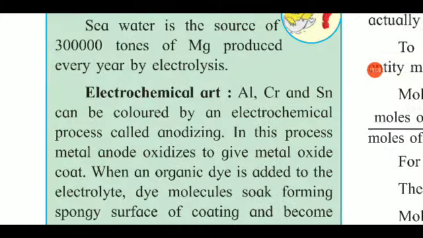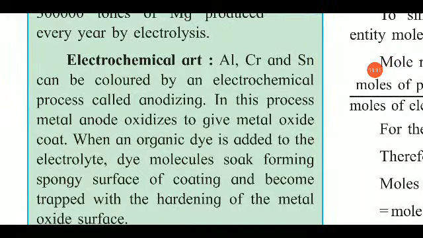In electrochemical art, aluminum, chromium and tin can be colored by an electrochemical process. That process we call the anodizing process. We give color to these metals to protect them from corrosion, so we anodize such metals for protection in the future.